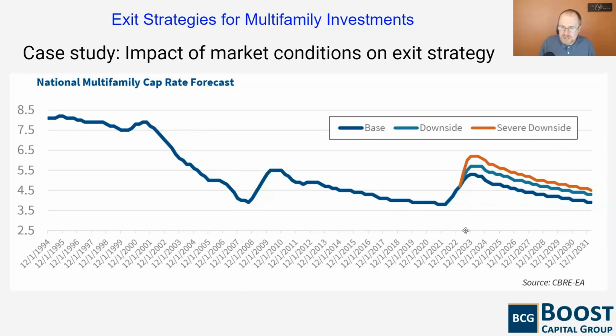The chart is dated from sometime last year, and indeed if you look at the current cap rates, they went up quite a bit. But at that time, they were considering 3 different scenarios. And I think this is also something that you may want to have in mind. Maybe there's a base scenario and there's a worst scenario. Your base scenario is the dark blue here. The worst scenario is the orange line.